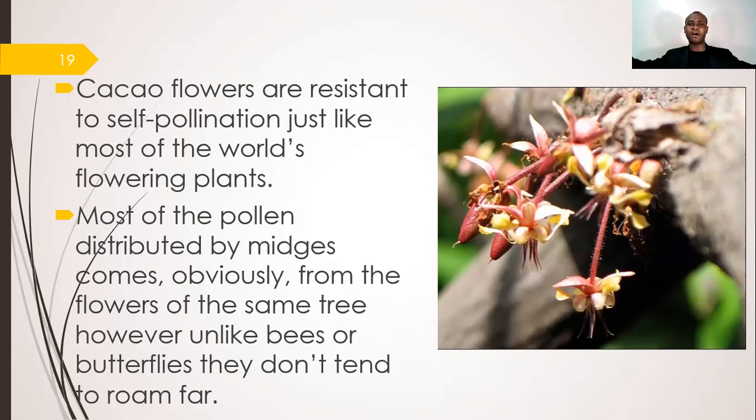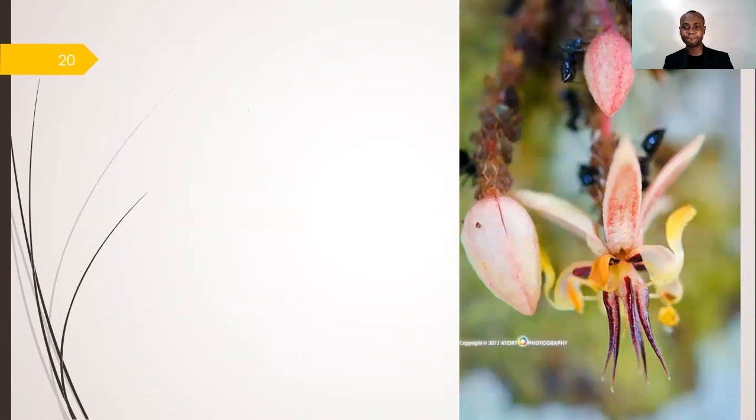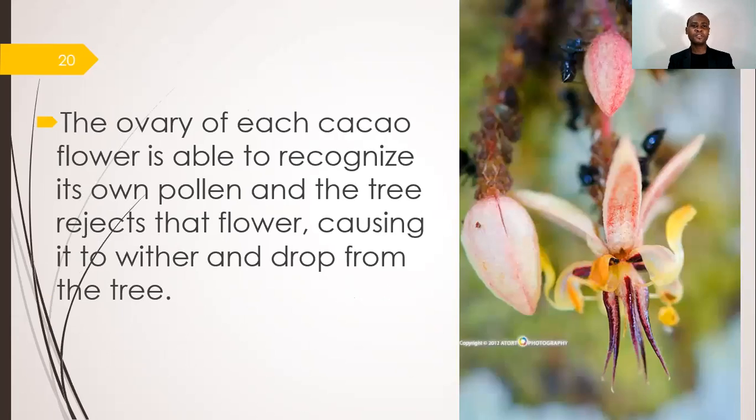If the colony of midges is not really large, then you are going to have less pollination and less fruit formation on your farm. The ovary of each cacao flower is able to recognize its own pollen, and the tree rejects that flower, causing it to wither and drop from the tree.